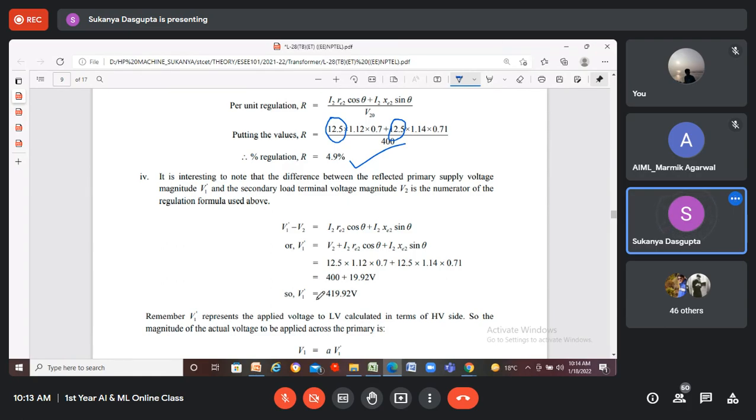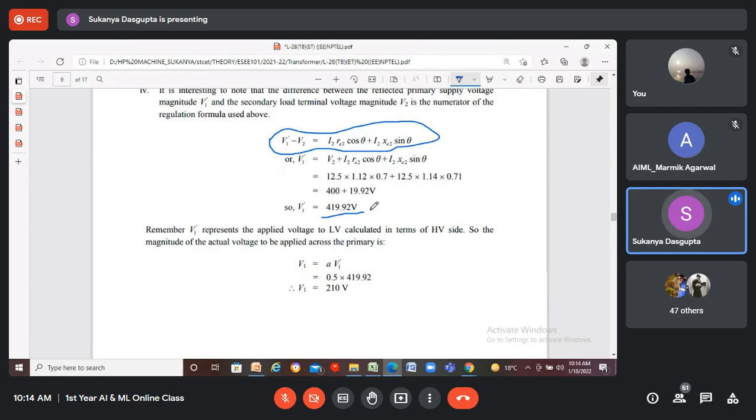Right, this is the value. So it will be calculated from the expression of numerator of per unit voltage regulation. So V1 is calculated as 419.92, right? Now this is V1 dashed. Actually, I have taken V1 dashed, referred to the high voltage side. Now the actual magnitude of this applied voltage across the primary winding is just A times V1 dashed.